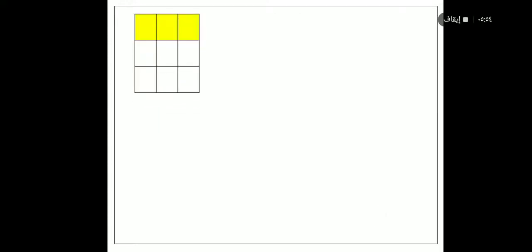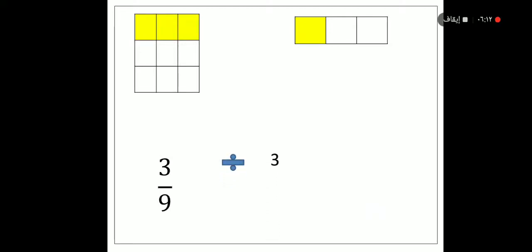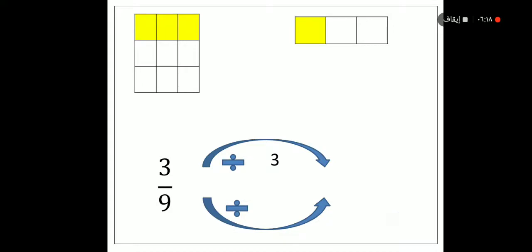Another example. This fraction will be 3 over 9. The second figure, 1 over 3. 3 over 9: when we divide the numerator and the denominator by 3, 3 divided by 3 equals 1, 9 divided by 3 equals 3.